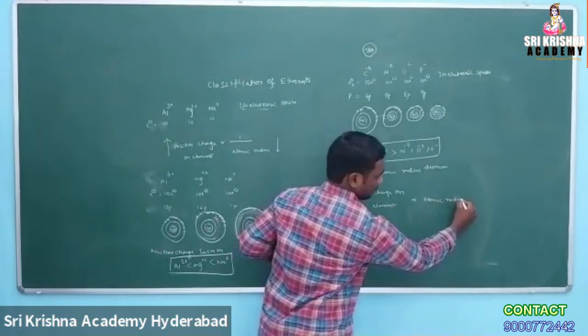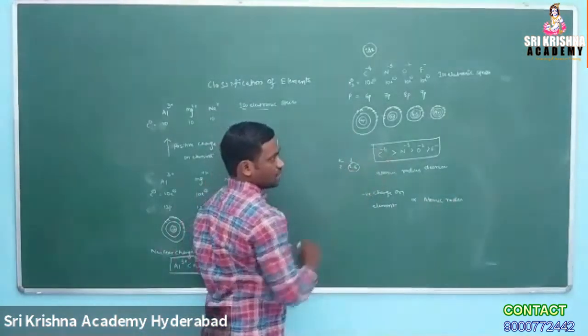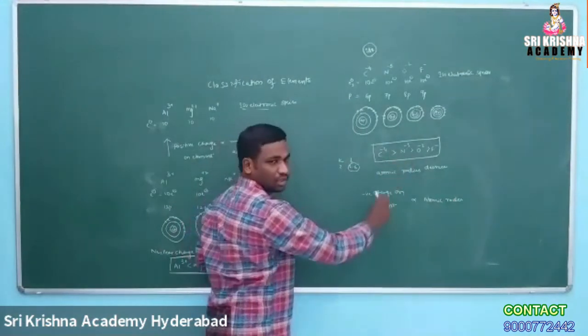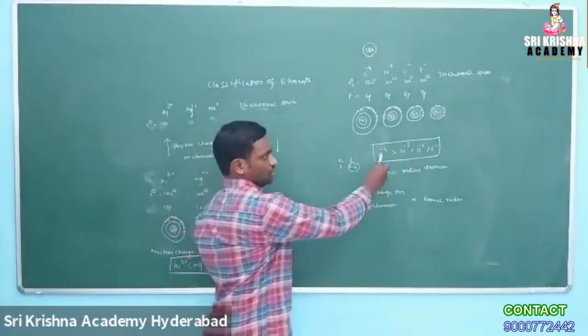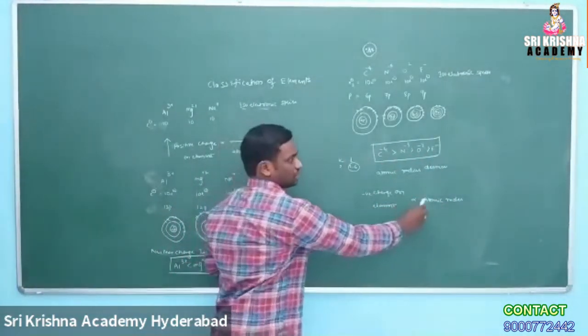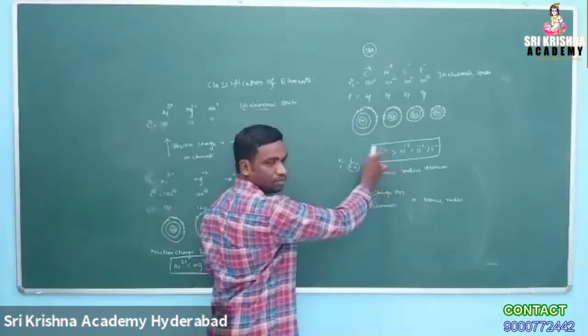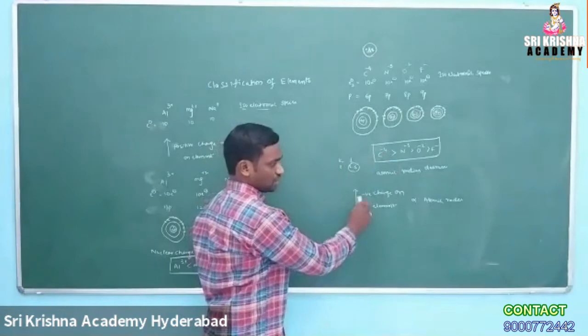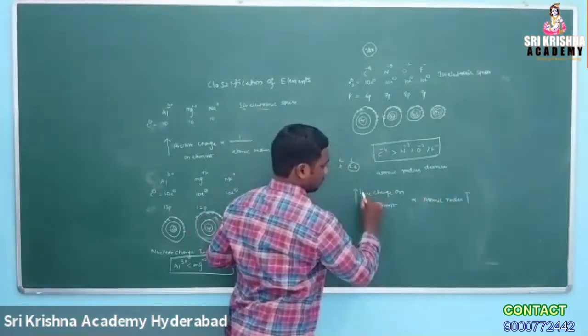Carbon has a -4 charge, nitrogen -3, oxygen -2, F is -1. So from left to right, charge decreases and atomic radius values decrease. The element having more negative charge has a larger atomic radius. As negative charge on the element increases, atomic radius also increases.